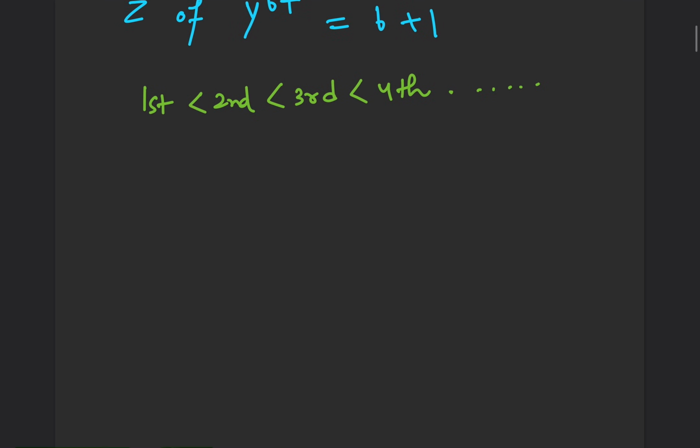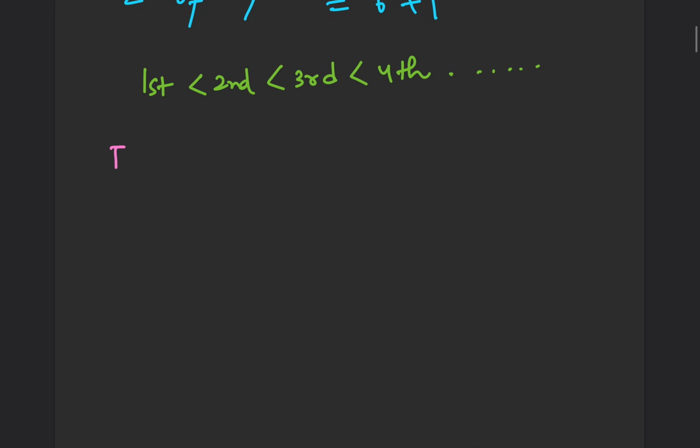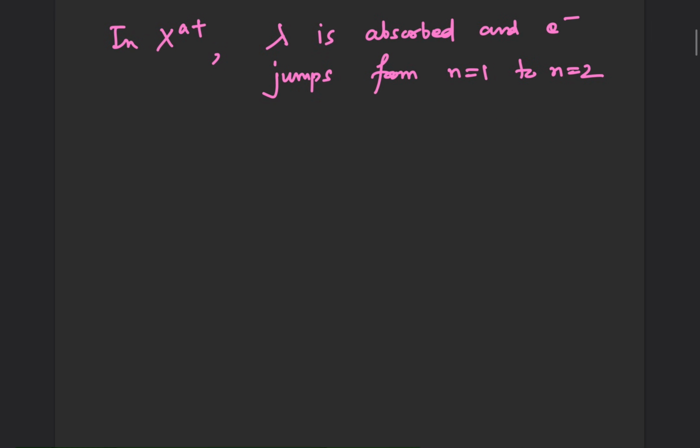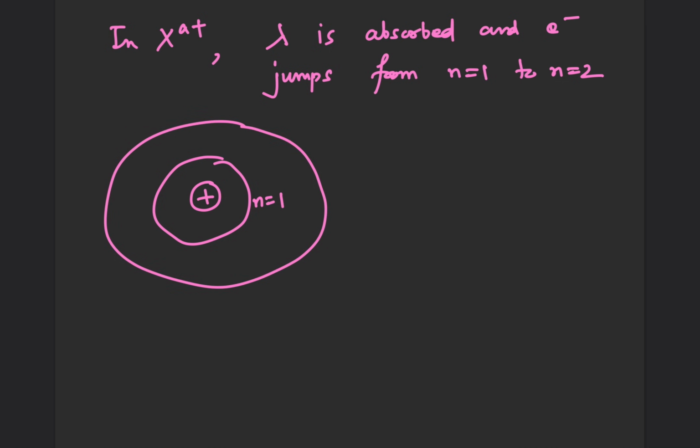So let's talk about Xa plus. In Xa plus, light of wavelength lambda is absorbed and the electron jumps from n equal to 1 to n equal to 2. If we draw a diagram, this is the nucleus, this is n equal to 1, and this is n equal to 2.